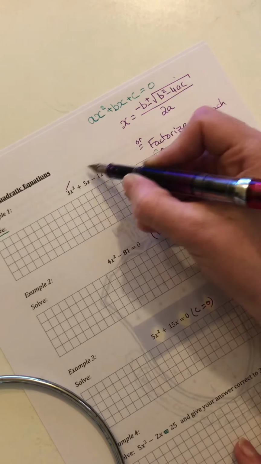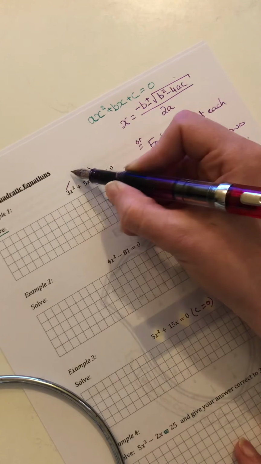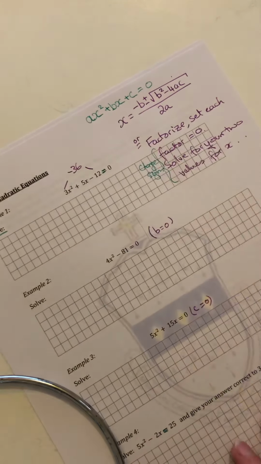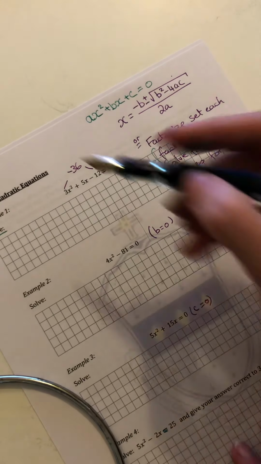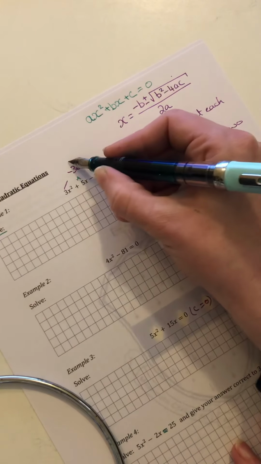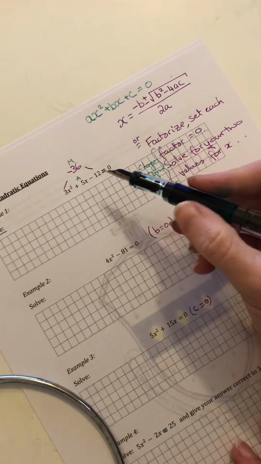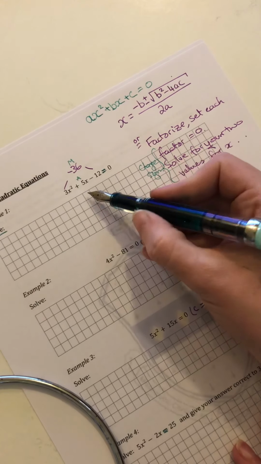There's a number in front of the x squared here, so I need to use my guide number. 3 by minus 12 is minus 36. And I'm looking for something that will add to give me 5 and multiply to give me minus 36. So they must have different signs.